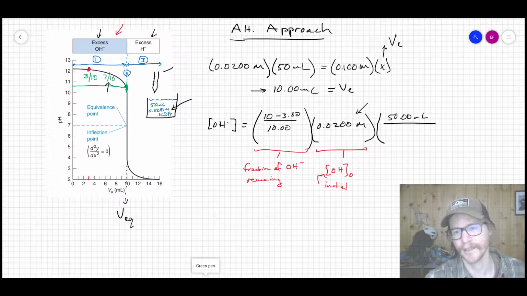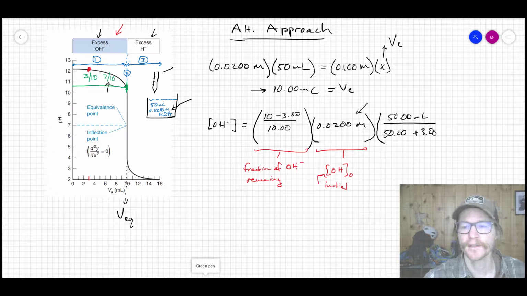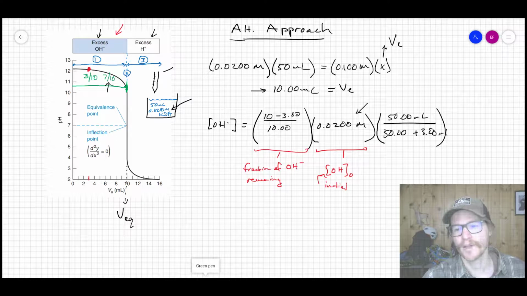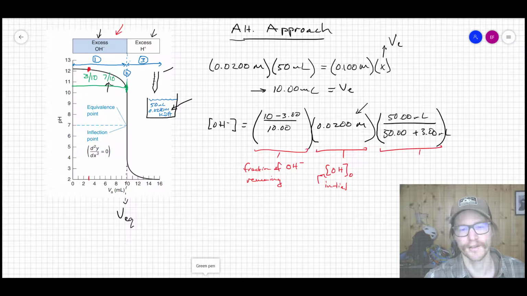So thinking about this, moles per liter multiplied by the volume would give us really the moles. 7/10 of the moles at this point is how much we have left in the system, but then we need to take those moles and divide by the new, adjusted volume. That would be 50, our original, plus the 3, so 53 mils. And since this is mils over mils, that whole thing cancels, and the units are still in units of molarity.